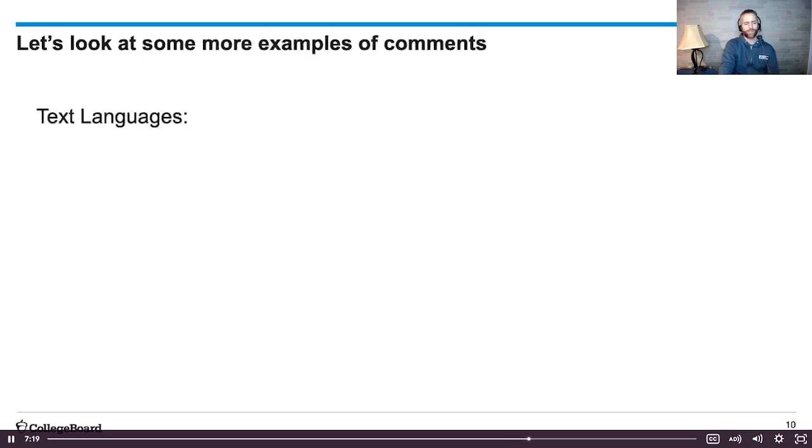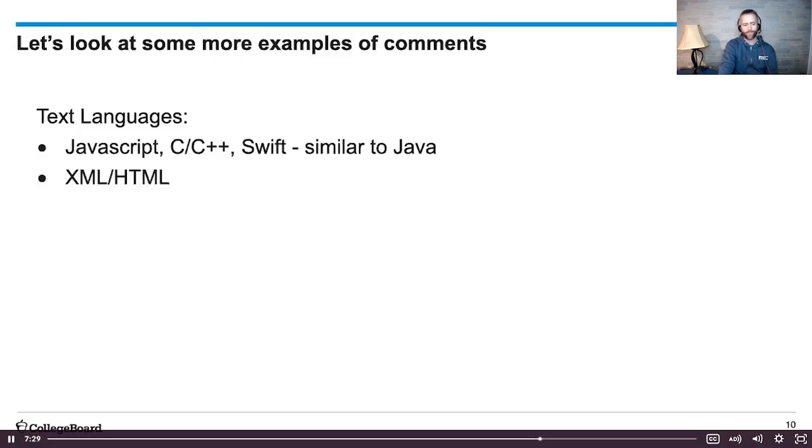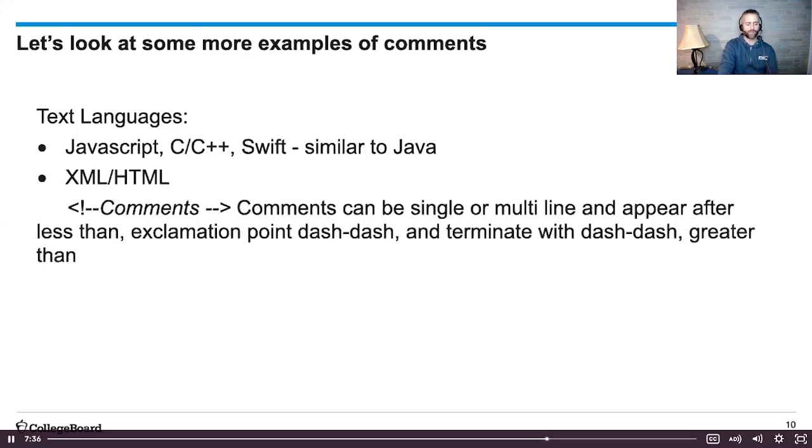All right. So some other common text languages, JavaScript, C, C++, Swift, they all use a commenting scheme similar to Java. All right. Other ones, XML or HTML, use a commenting scheme that looks like this. They have the less than, the exclamation point, and then the dash dash. Then they have their comments, and then they close that. And they can be single or multi-line comments.